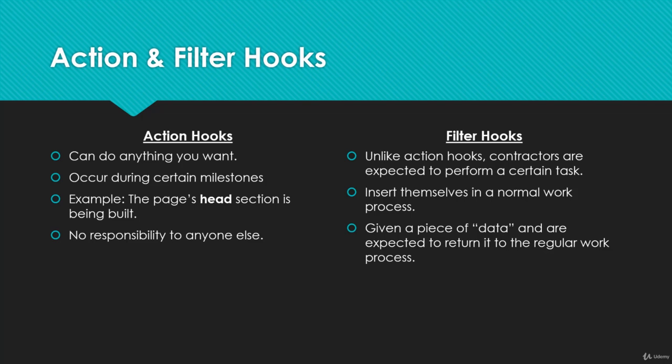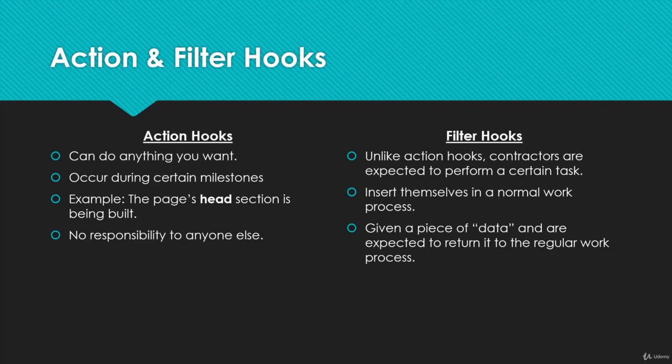Contractors who ride in on action hooks can do whatever they want and have no responsibility to anyone. But contractors who ride in on filter hooks insert themselves in the normal worker's process. They're given something to handle, say a block of text, and have to give that same block of text slightly modified back to the regular worker via a PHP return statement.